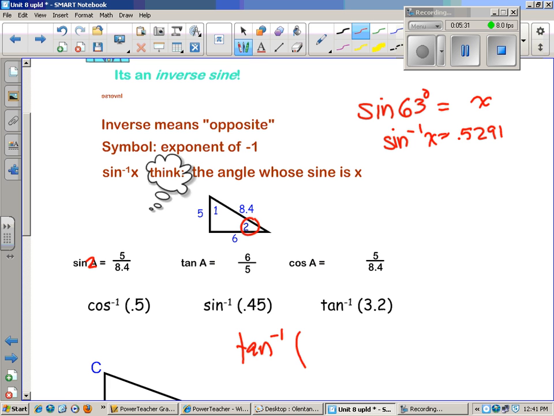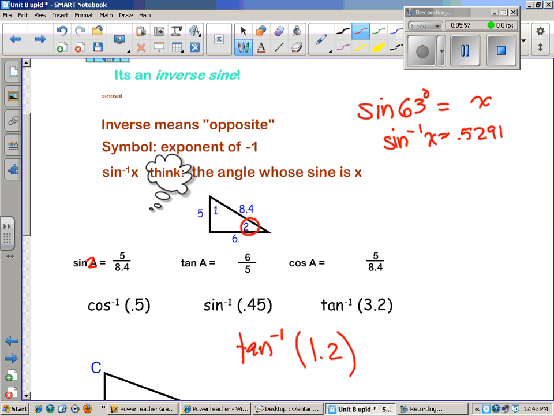It says ANS. When you type that in, that'll automatically put whatever you got last in the spot. So it's going to put a 1.2 in there. And then you hit enter, and that'll give you the angle that has that ratio as its tangent. Did it work that time?